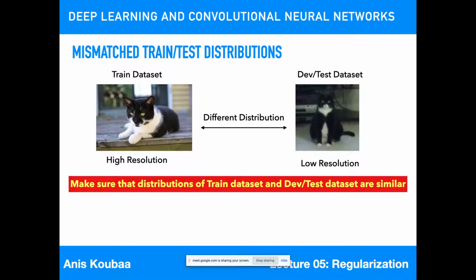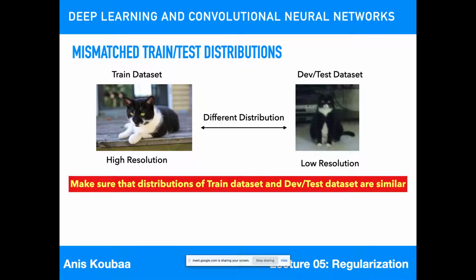One of the other issues that we face when you build a dataset, and this is one of the things that I have explained in my lecture, is the mismatch between the train and test distributions. Imagine that all your train data is high resolution.